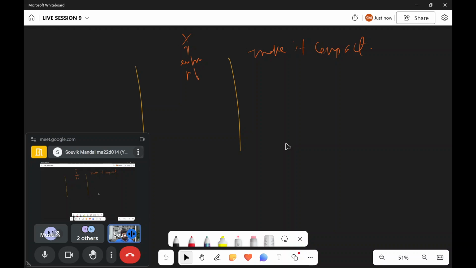The argument will be quite intuitive, so it is not possible to write things mathematically, but this is what it is. So look.